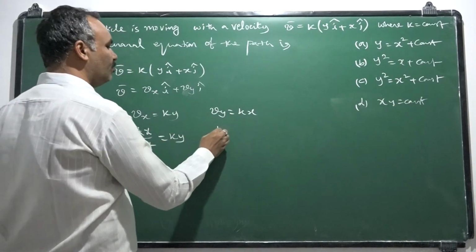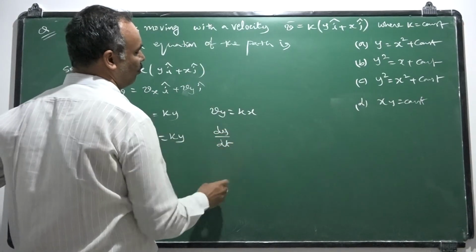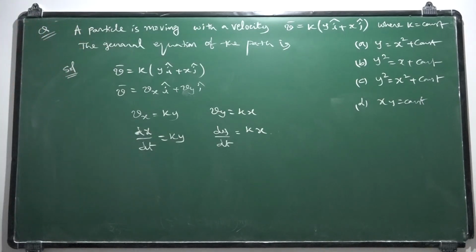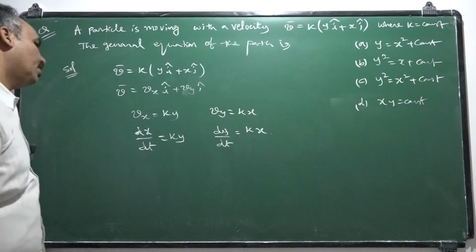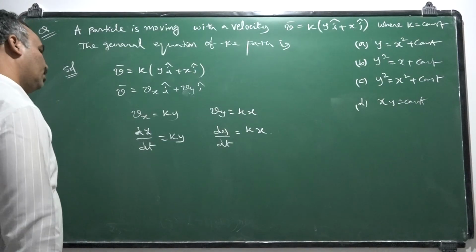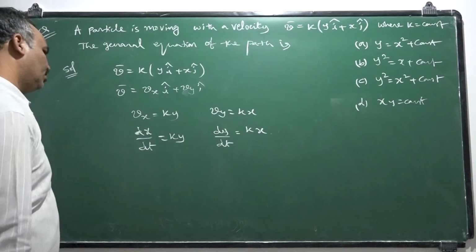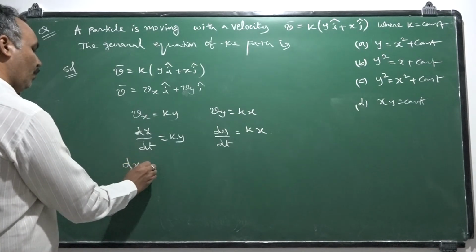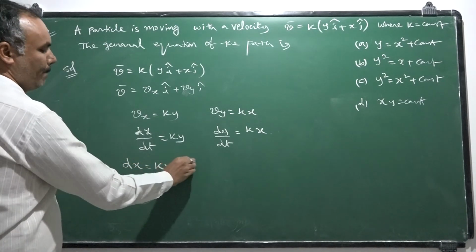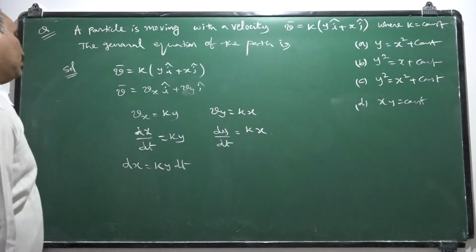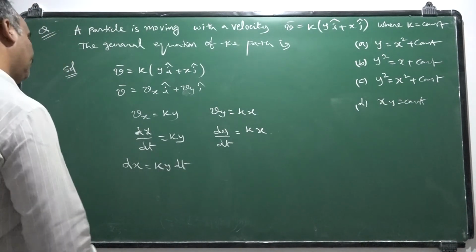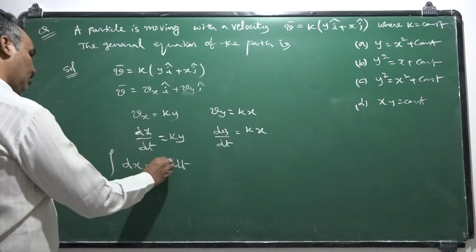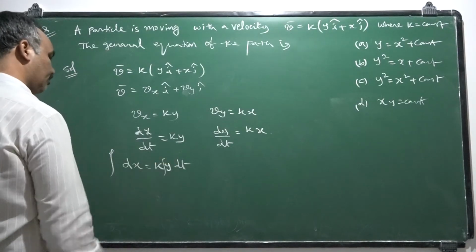Similarly, velocity in y direction means derivative of y with respect to t, that is equal to kx. We need the general equation, so you can solve with either this equation or that equation, no problem, anything you can take. So dx is equal to ky dt. In order to remove the derivative on both sides, we should do integration here. They gave k as constant, so we should write like this.